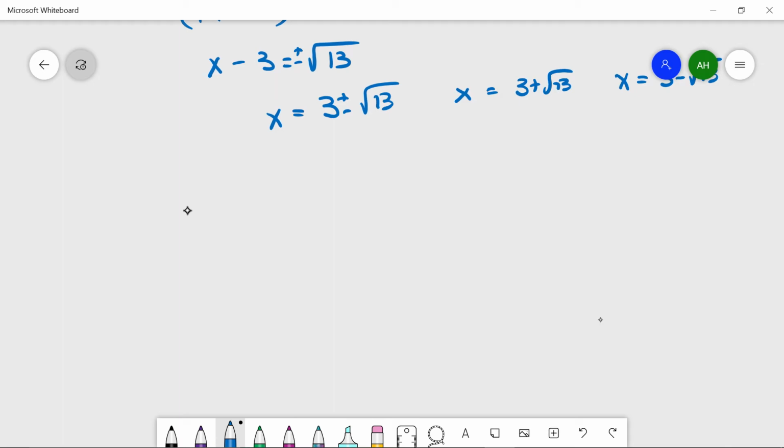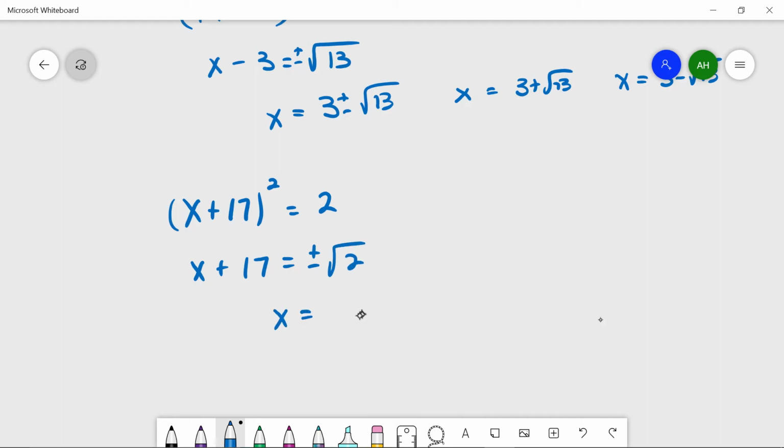If we've got x plus 17 squared equals 2, take the square root of both sides, and we get x plus 17 equals plus or minus the square root of 2. We're going to move that 17 over, so x equals negative 17 plus or minus the square root of 2.